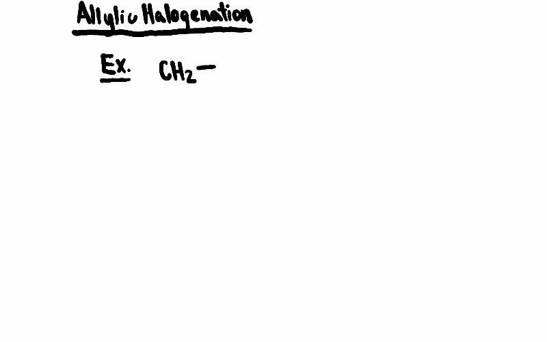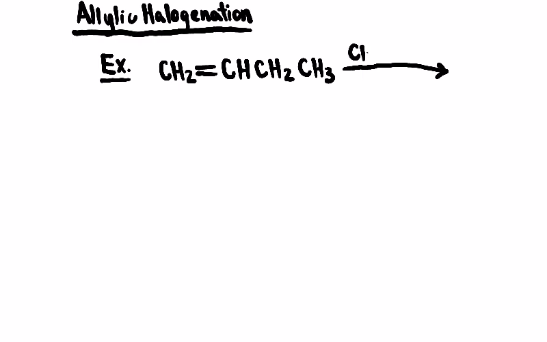We're going to take 1-butene, like so, and we're going to react it with chlorine, Cl2, at an elevated temperature. So I'm going to put in some light and heat here, and we're going to look at what happens here.